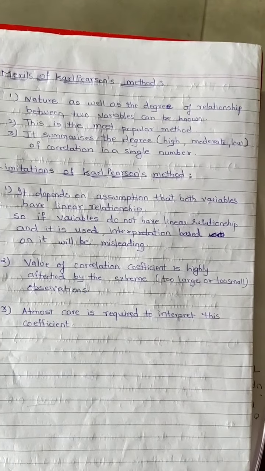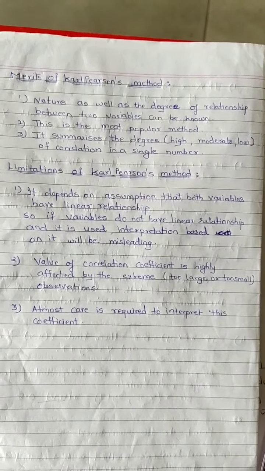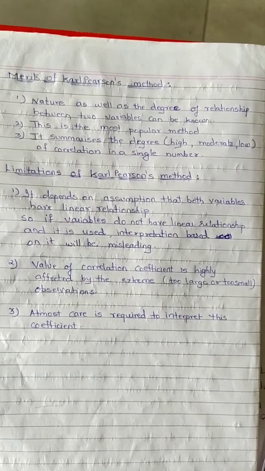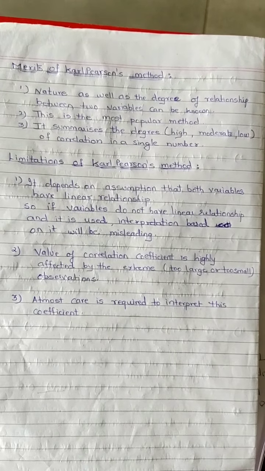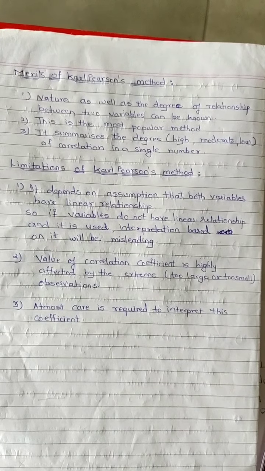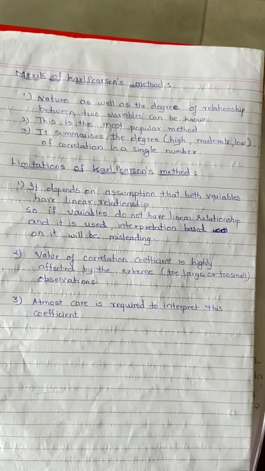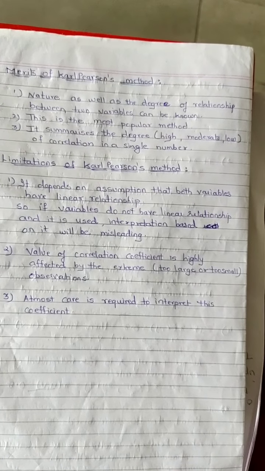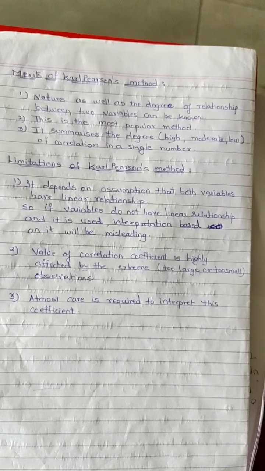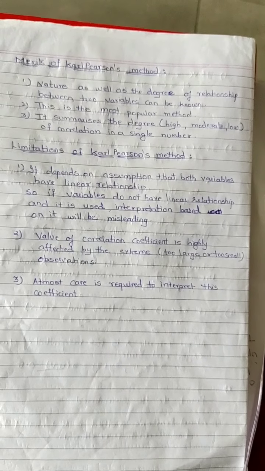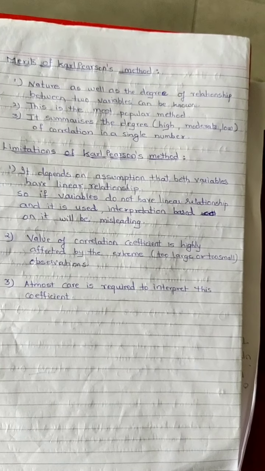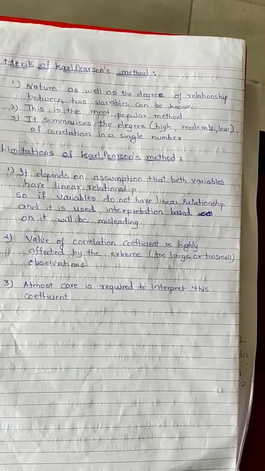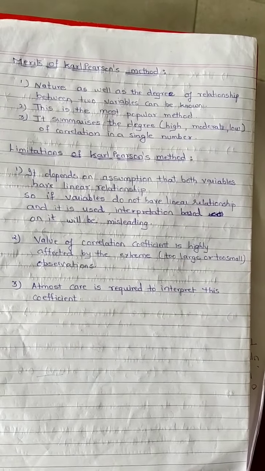Limitations of Pearson's method. First, it depends on the assumption that both variables have a linear relationship. So, if variables do not have a linear relationship and it is used, then interpretation based on it will be misleading.